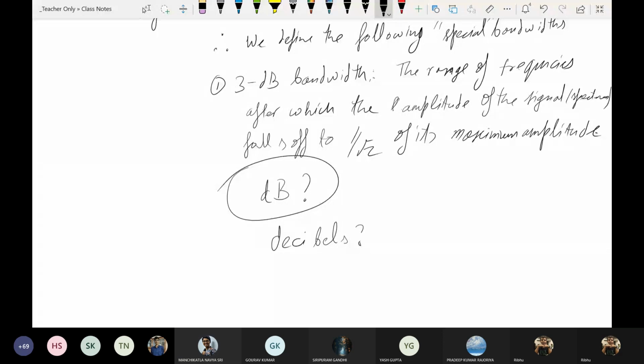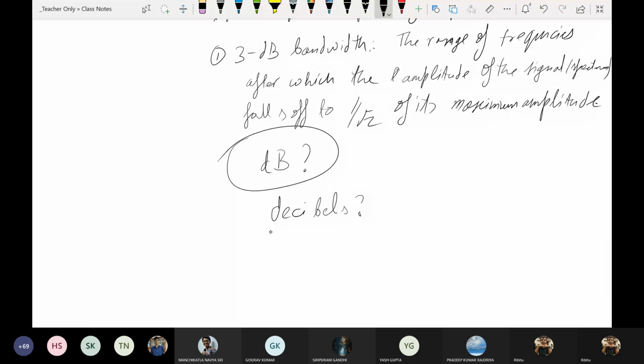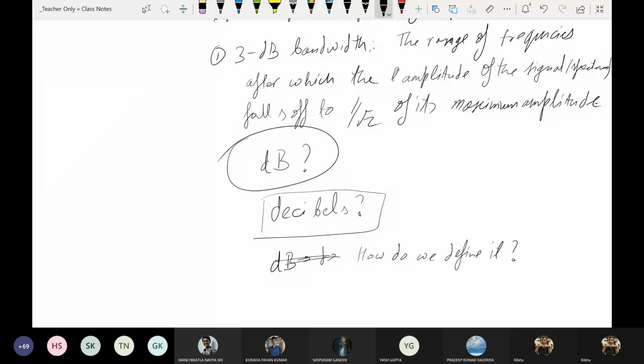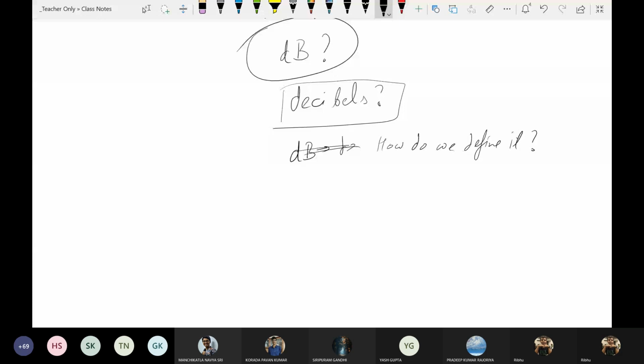Okay, so how do you define dB? First of all, decibel, how do you define it? See, decibel, or dB, is a unit for relative power.